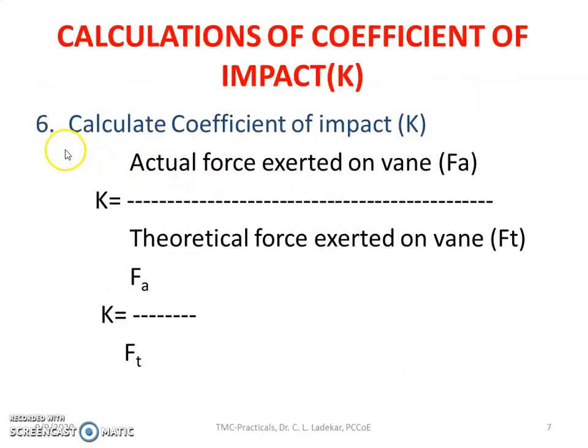Then, once you calculate the actual force and theoretical force, you can calculate the coefficient of impact. Now you have understood what is meant by coefficient of impact, because whatever theoretical force you calculate, the actual force will not be the same.